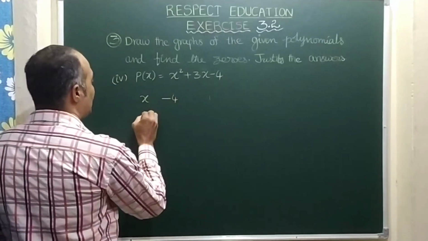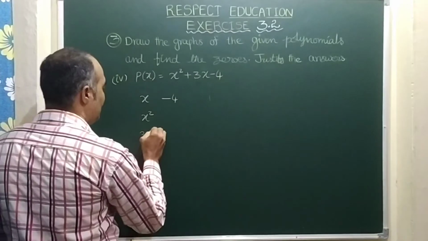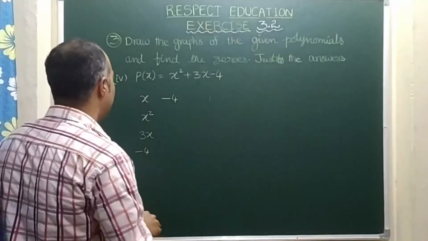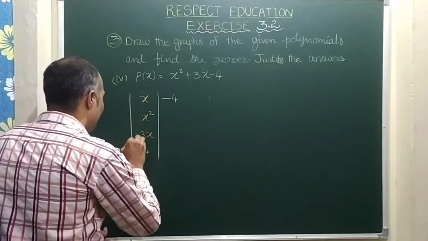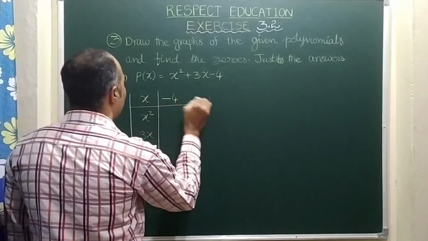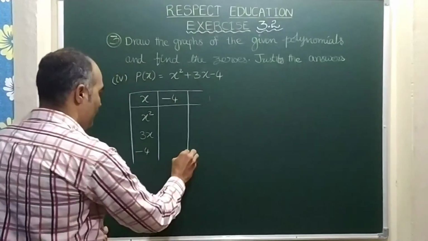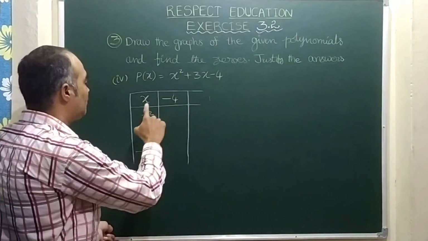As usual, children, first x square, second term is 3x, third term is minus 4, right? Okay, fine. Now if x is minus 4, what is x square?